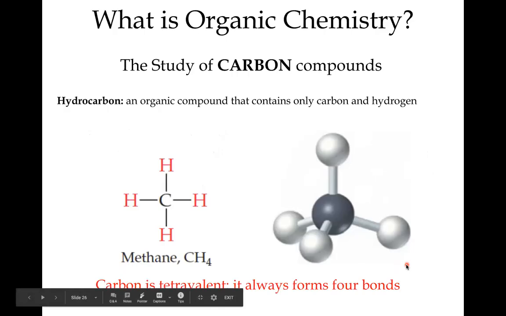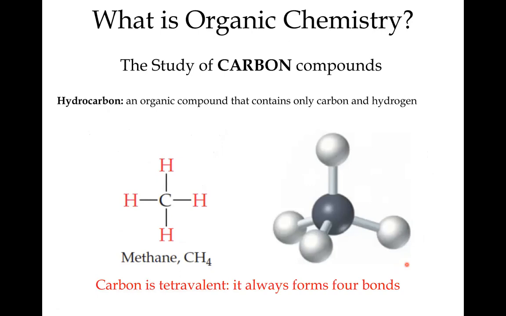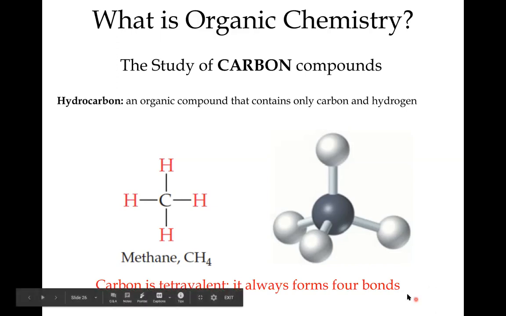Okay. So what is organic chemistry? Let's boil it down. It's the study of carbon compounds, more specifically hydrocarbons. So carbon-hydrogen bonds. The very simplest form of this is methane.